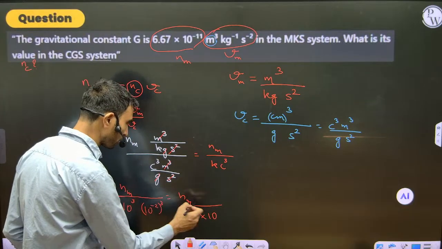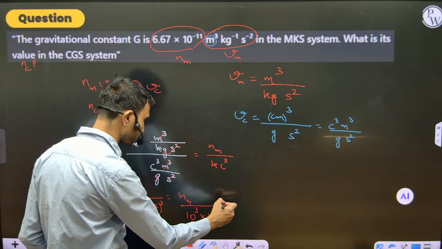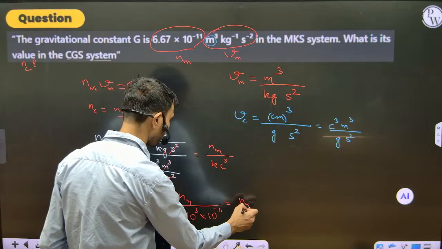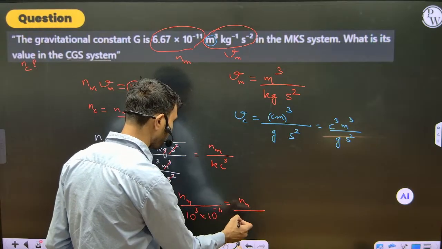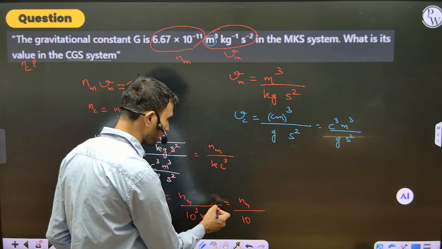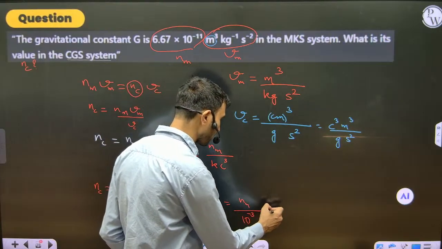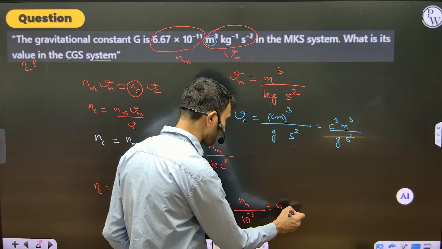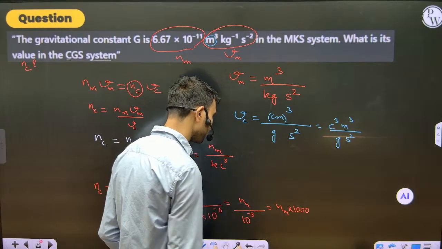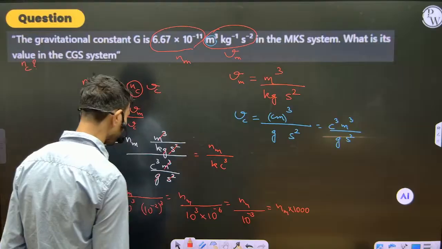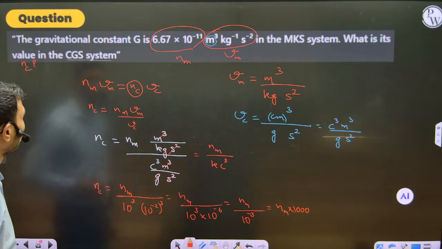That will become 10 to the power minus 6, divided by 10 to the power 3. Minus 6 minus 3 is minus 3, so in the numerator it becomes NM into 1000.